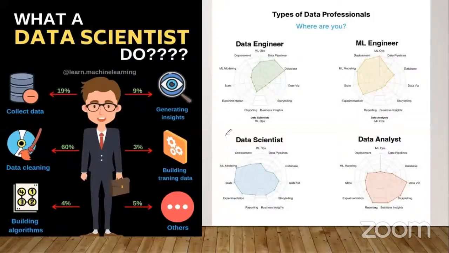Let's say I have 100 columns in my data set. I also have to understand whether all these 100 columns are useful in order to build a model or predict.